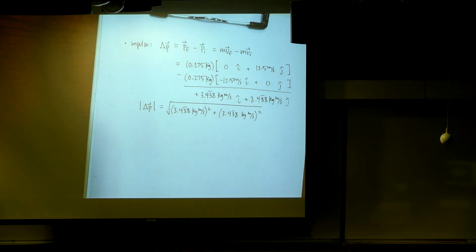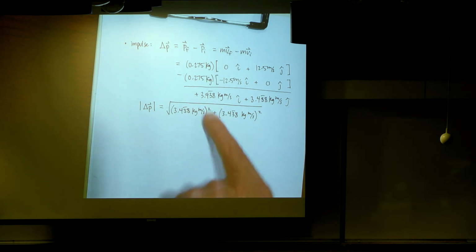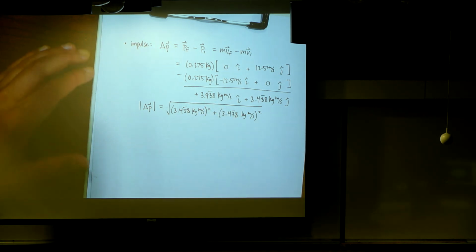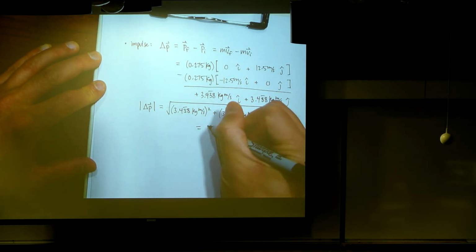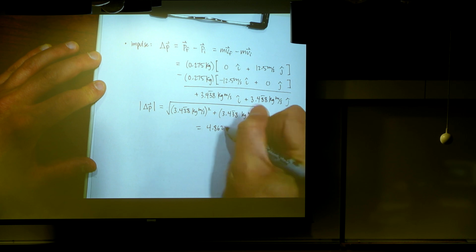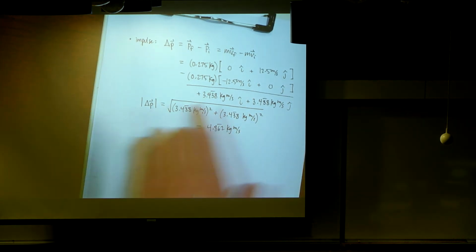By the way, you might notice this is the same as just saying root 2 times this number, but this is how we would do it in general. And what does this work out to? It works out to 4.862 kilograms meters per second. All right.